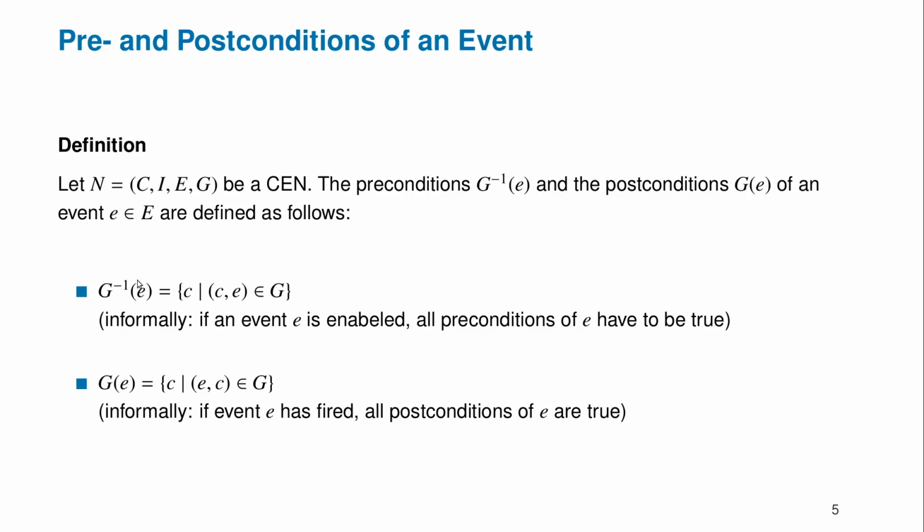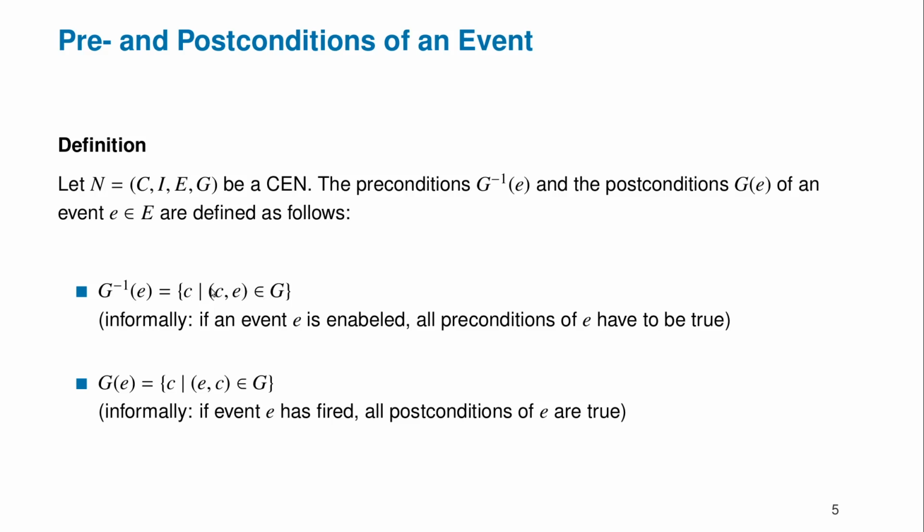Okay, and what are the preconditions? The preconditions are simply those conditions which have an outgoing edge that leads to the event E. So the preconditions are those conditions of a Petri net that have a pair CE in the dependence graph. From C there is an outgoing edge to E in the dependence graph.